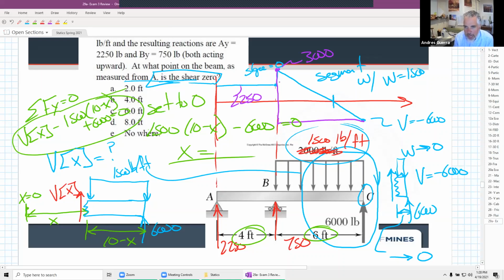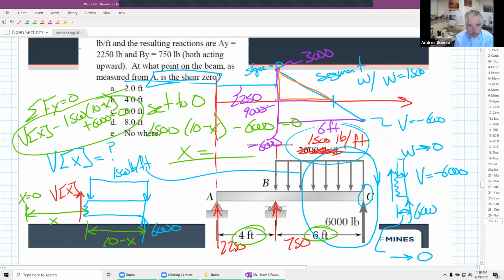If we know the height of this triangle, we can then find this other triangle in here. So we take our purple triangle, which has a height of 9,000, because this is 3,000, but this is minus 6,000 right here. That gives us a total height of 9,000 and is to 6 feet.